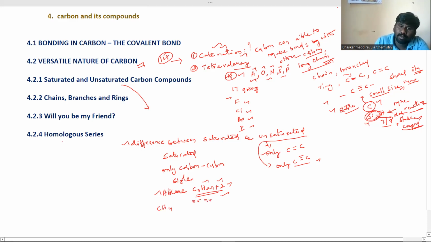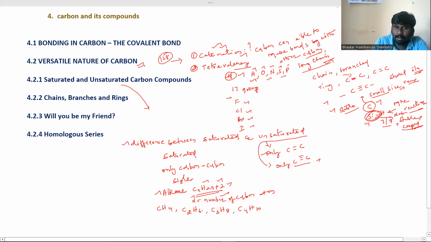Remember, n is the number of carbon atoms. The first one is CH4. When the number of carbons is 2, that is C2H6, the second member. C3H8 is the third member, and C4H10 is the fourth member of this alkane family.